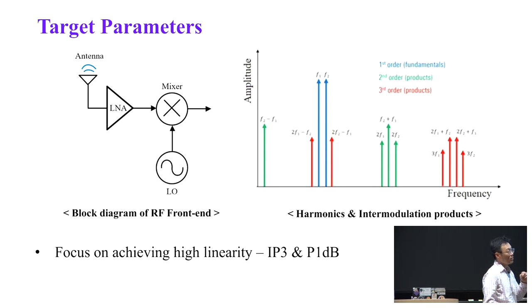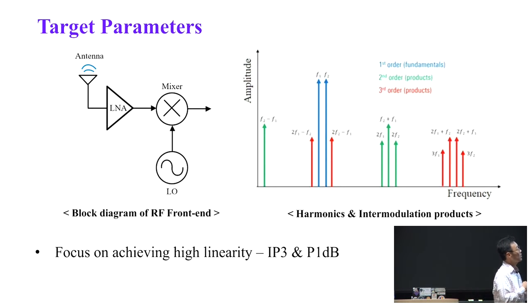But because of the nonlinear characteristics of CMOS, it is inevitable that any circuit, such as a mixer, generates harmonic signals, which are all the high frequency components. They are undesirable, and they should be filtered out. So to design a really good receiver, for example, we need to handle those harmonic signals.